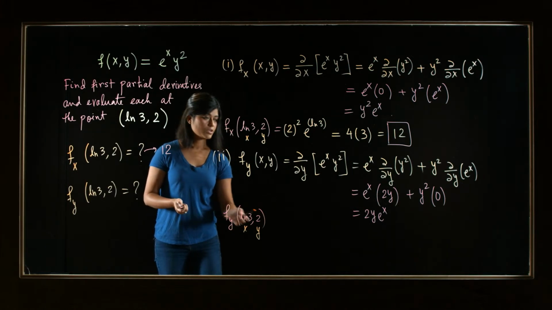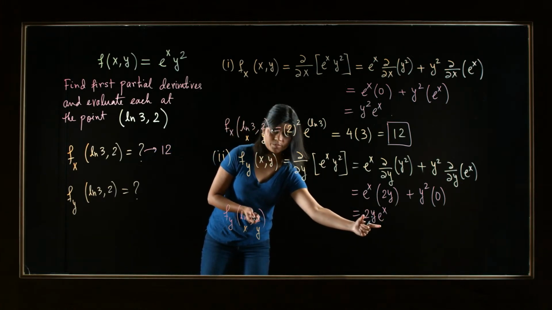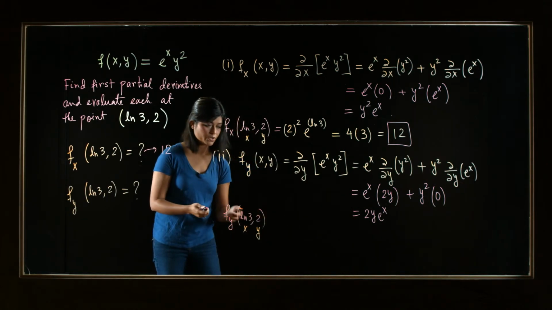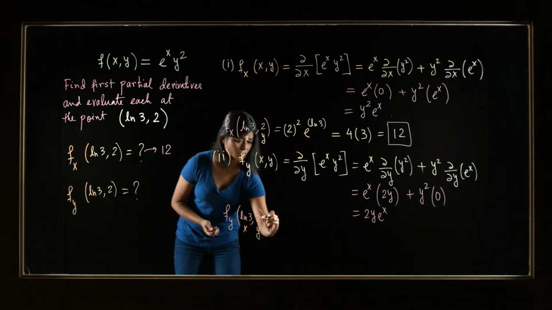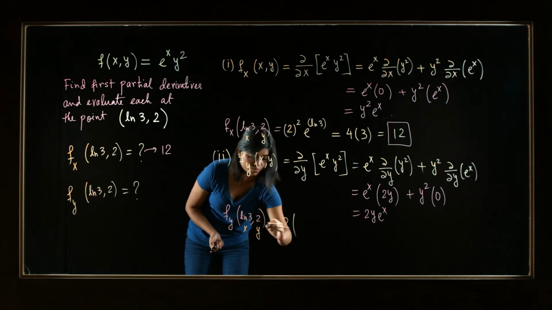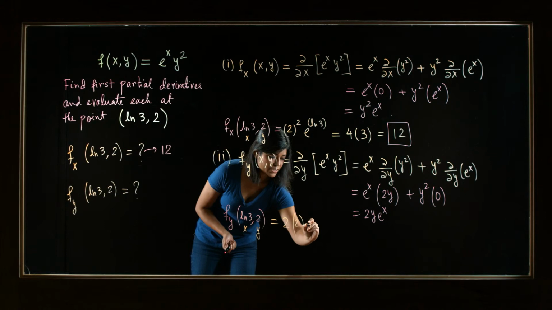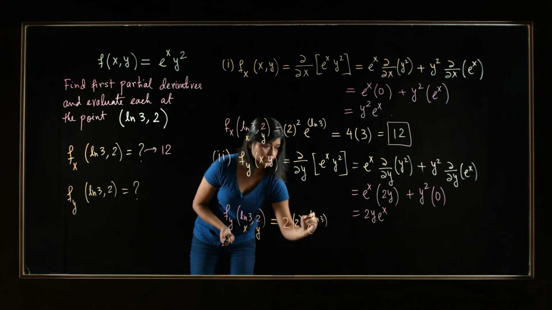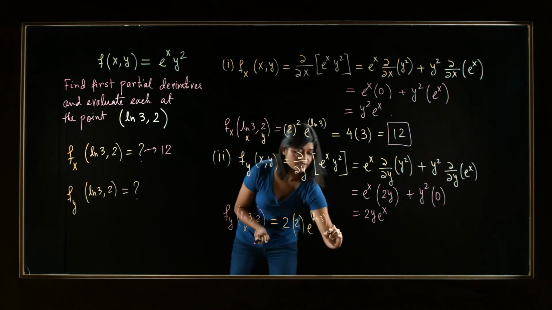All you have to do is take the expression of the partial derivative and plug in x equals natural log of 3 and y equals 2. So 2 times y, and y is 2, times e to the x, and x is natural log of 3.